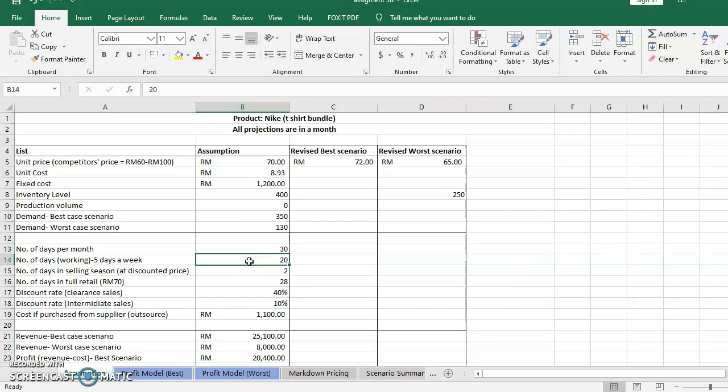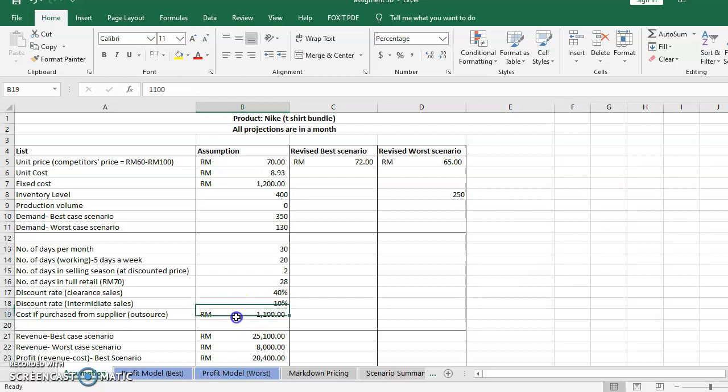The number of days I sell at discount price is 2 days, and the number of days I sell at full retail is 28 days. The discount rate for clearance sale is 40%, and for intermediate sales is 10%.